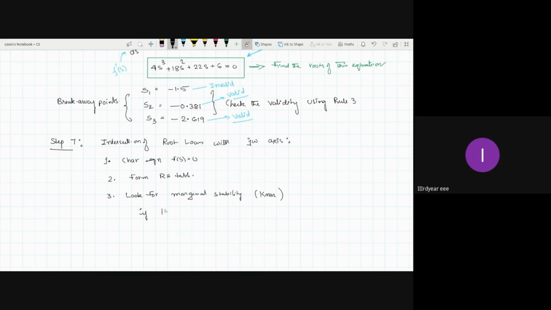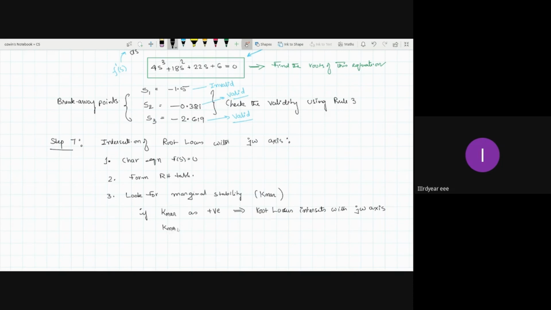If you get K marginal as positive, you can say that the root locus intersects with the j omega axis.